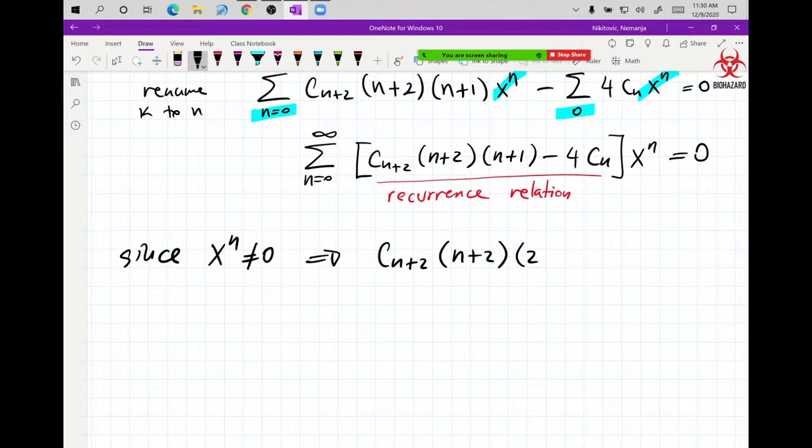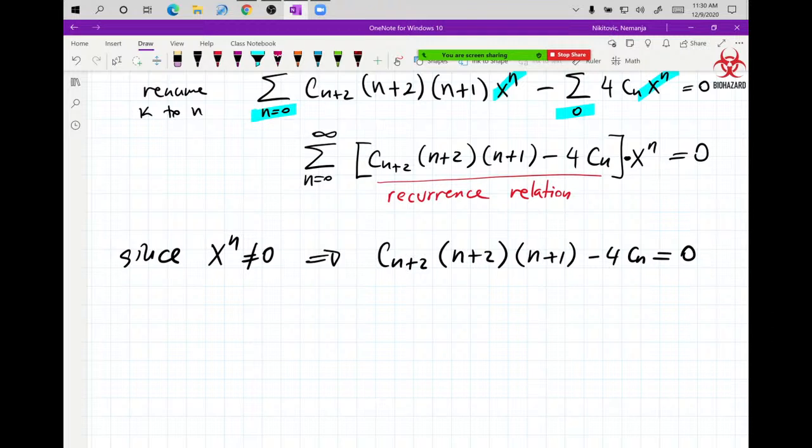Because you are multiplying two things into a 0, so if one cannot be 0, then the other one must be. Otherwise, the product would not be 0. And you can clearly see here that the recurrence relation times x to the n is equal to 0. So, since x to the n cannot be 0, otherwise we get the trivial garbage solution of all zeros, then the left-hand side must be 0.